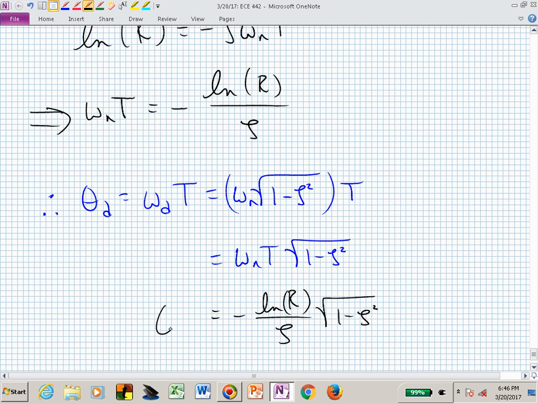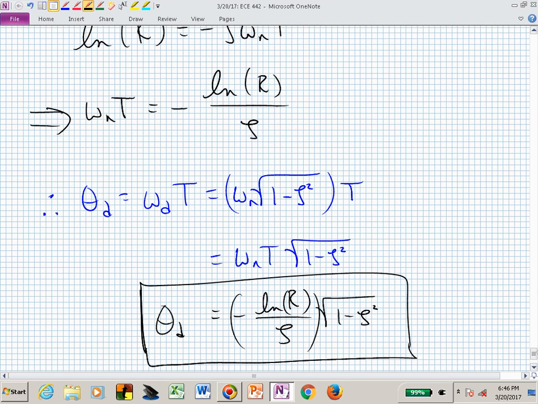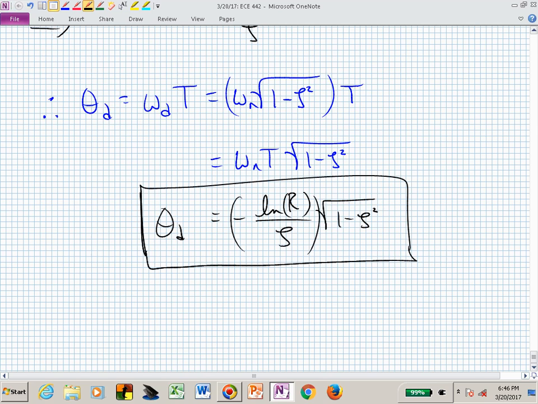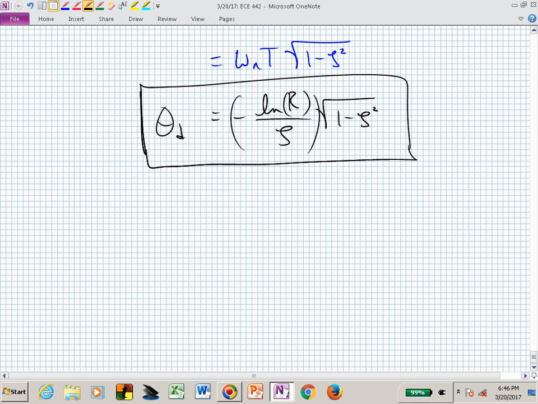And that is theta sub d. So you give me an r and a zeta. Now you can actually find the point z sub delta, which is r e to the j theta sub d.